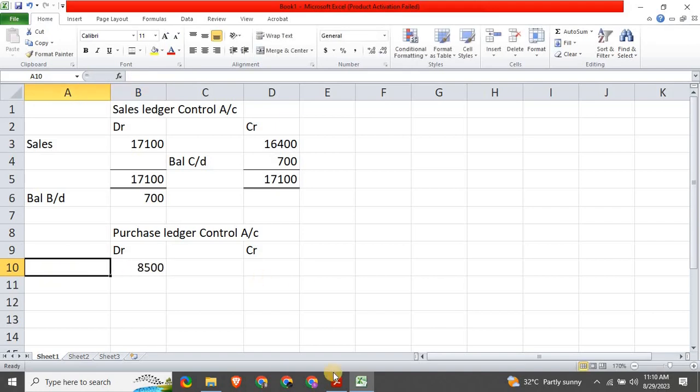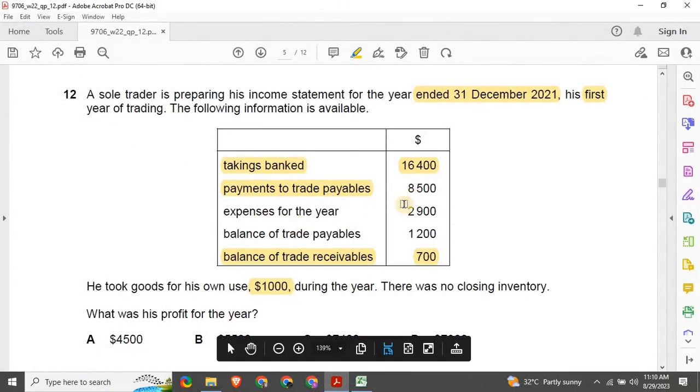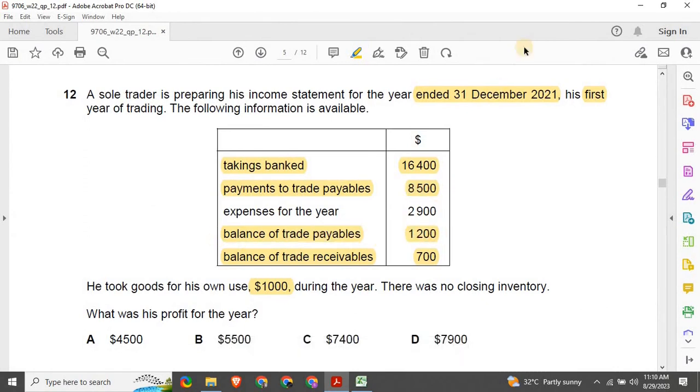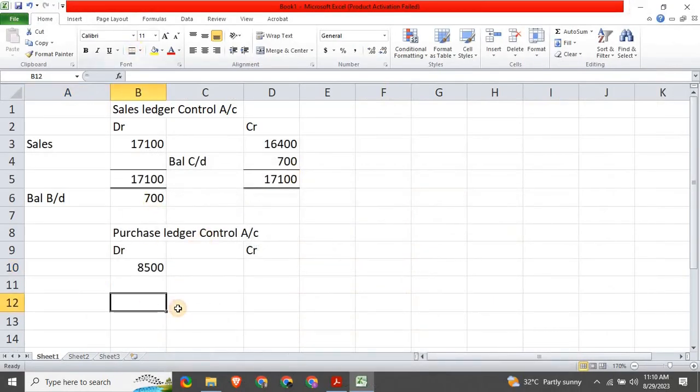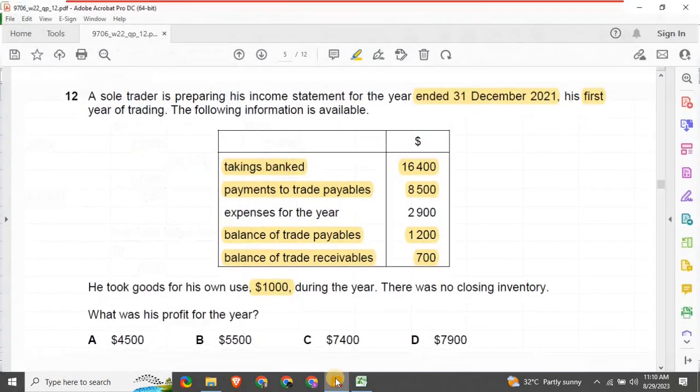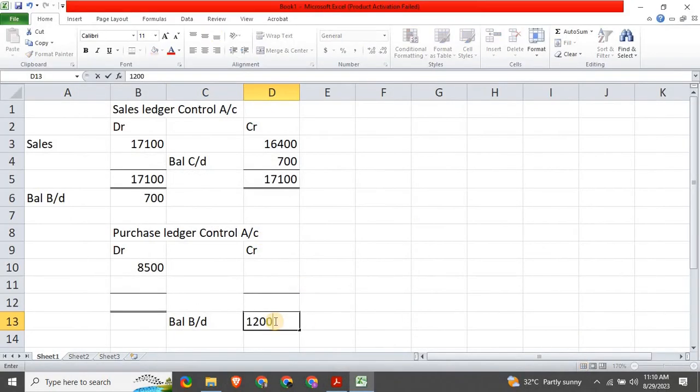And then it says there is a balance at the end, which is 1,200. So the balance here is the balance b/d that they are talking about, so it should be after the total. The balance b/d for this control account would be on the credit side, amount 1,200, and then balance c/d here.